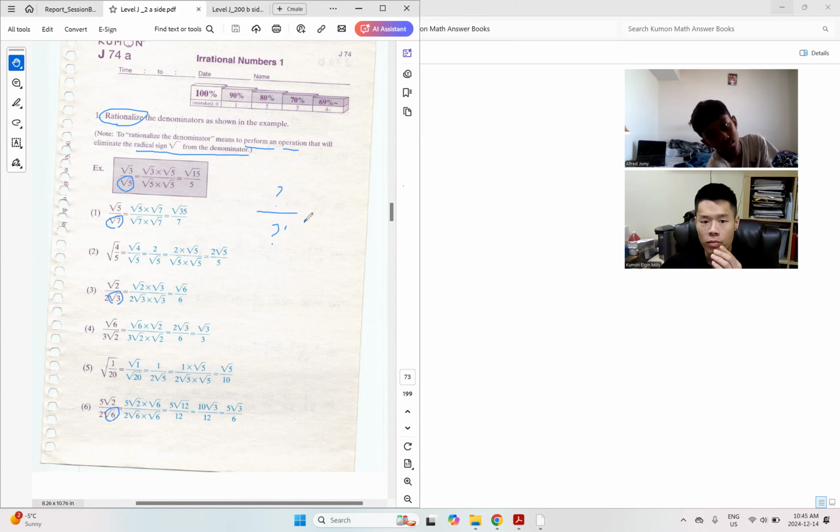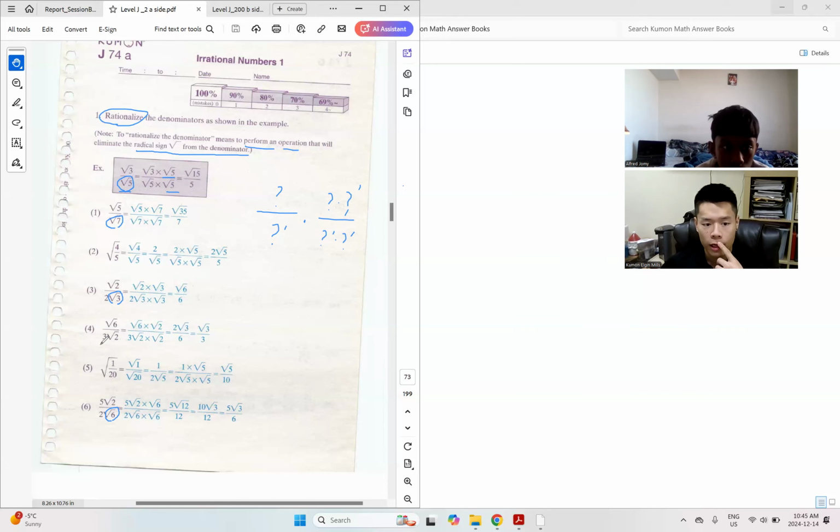In order for me to change or eliminate anything, I have to multiply the same number at the bottom, and also multiply the same number at the top. In all these cases, as you can see, this is root 5. In order for us to change that root 5 into 5, we have to multiply by exactly root 5, and the same thing with the numerator, root 5 as well. Very similar with the others.